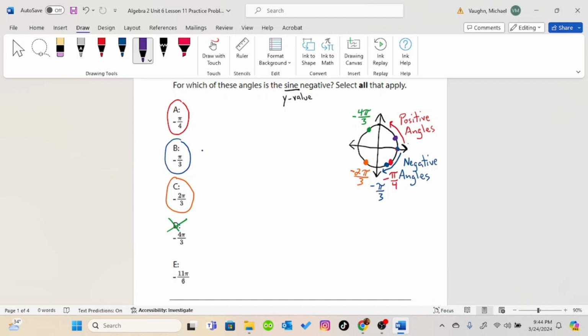We're over here in quadrant 1 at 11 pi over 6. And for choice E, sine would be positive because y is positive. So E is not correct. If you have any questions about how I solved this practice problem, please use class time to ask for further clarification.